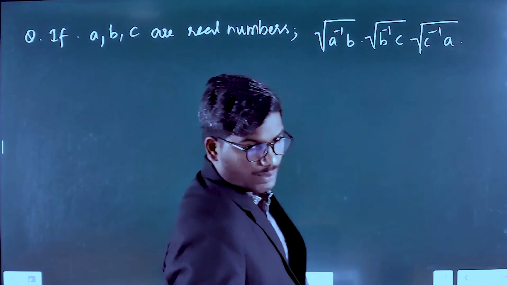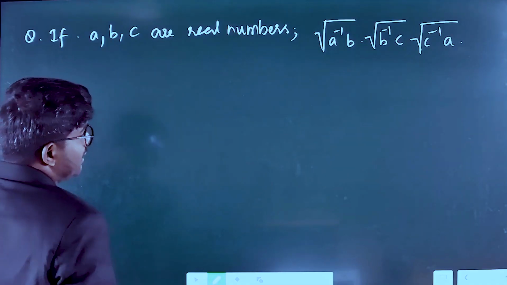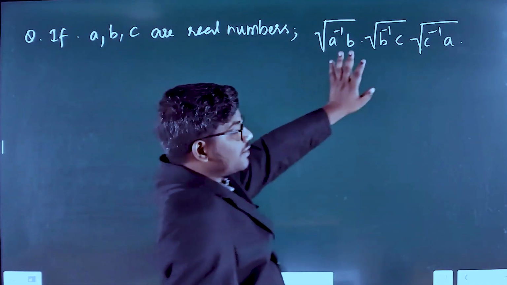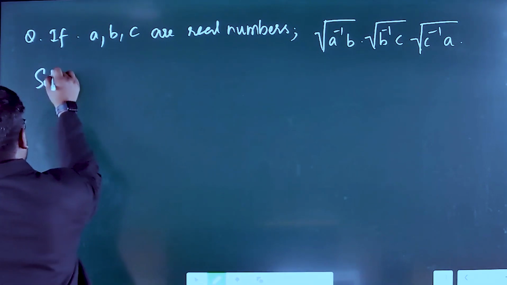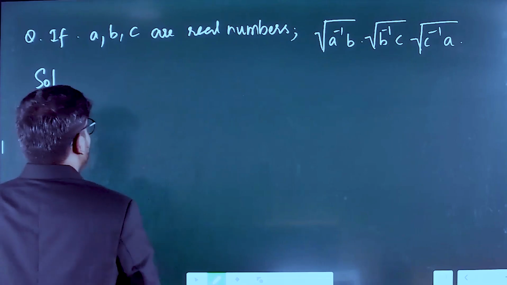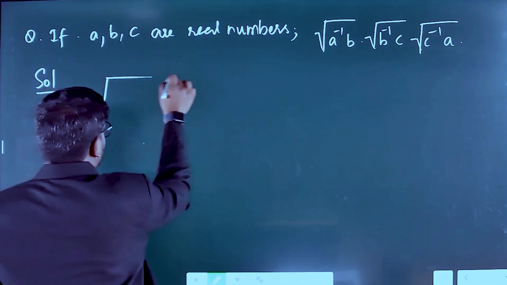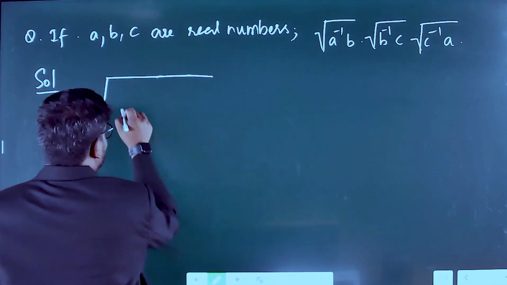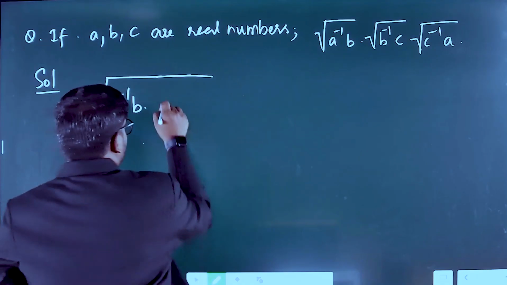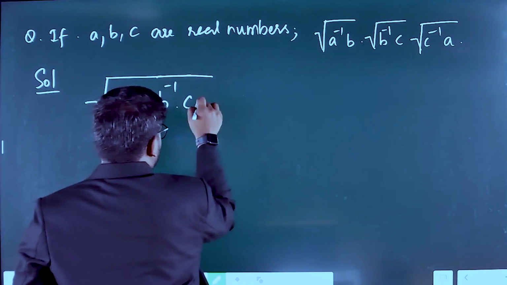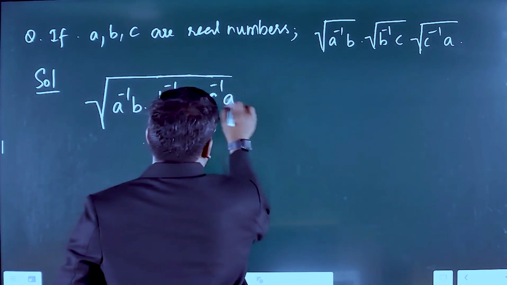Yes, the answer is 1. We can solve this. Since all of them have a square root, we can club the square root, right? We can take a common square root and write a^(-1) into b, b^(-1) into c, c^(-1) into a, right?